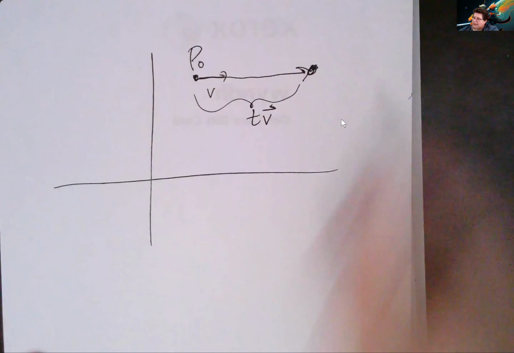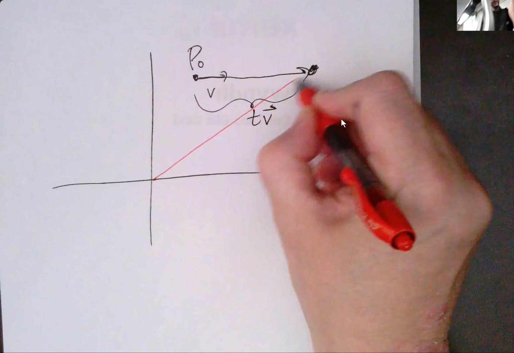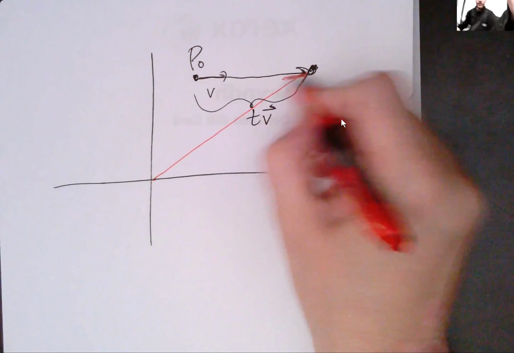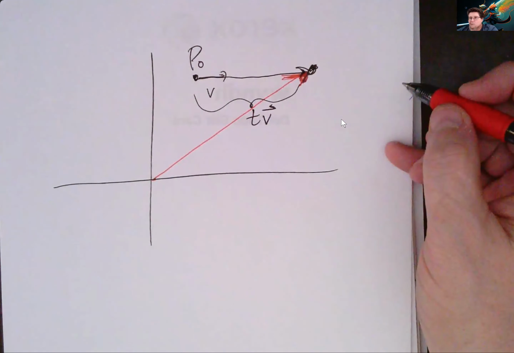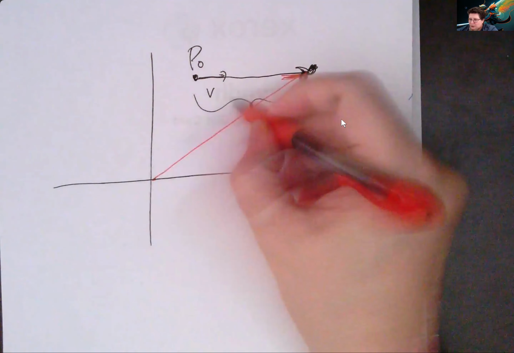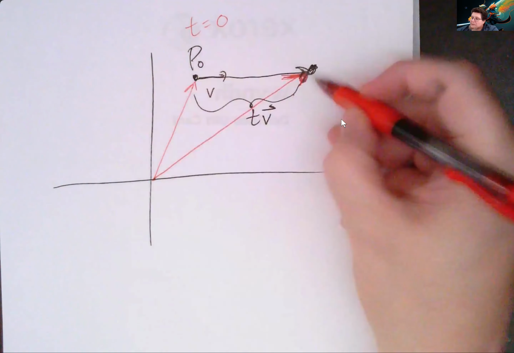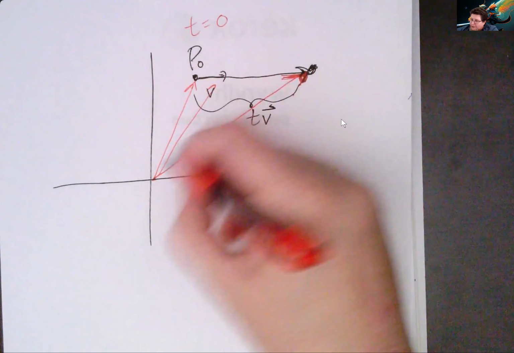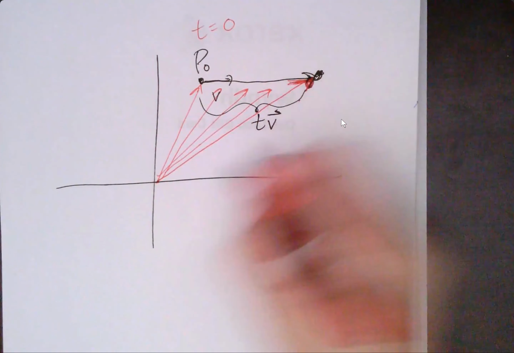This hits some point right here. L is a vector from the origin pointing to the point on the line at that time T. When T equals 0, L points right there. So L is a pointer from the origin to points on that line.